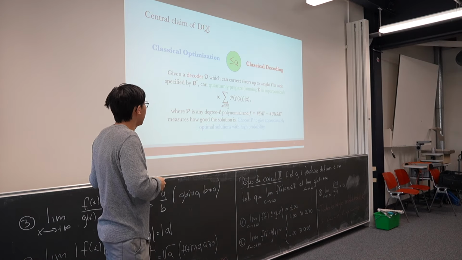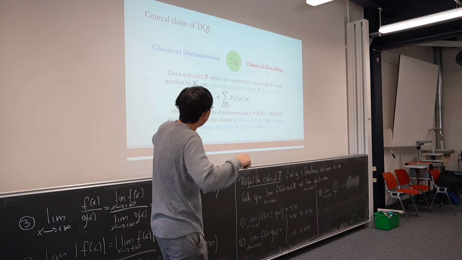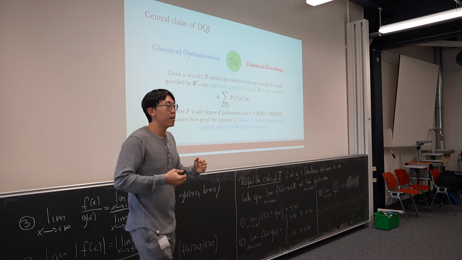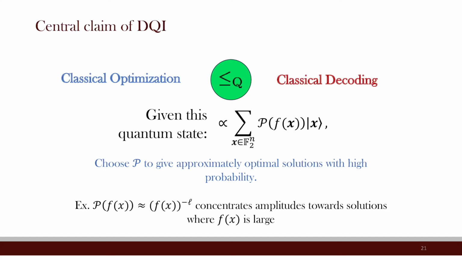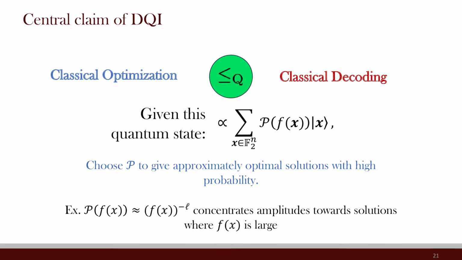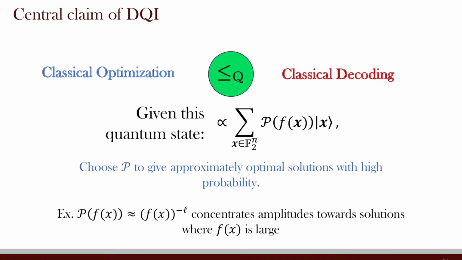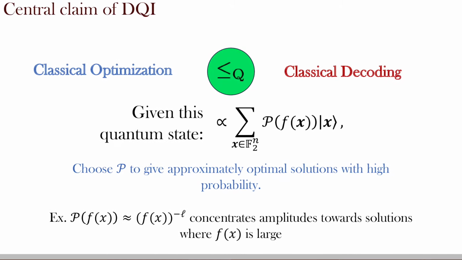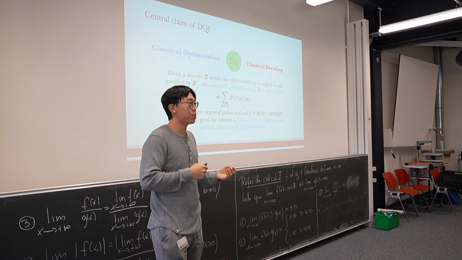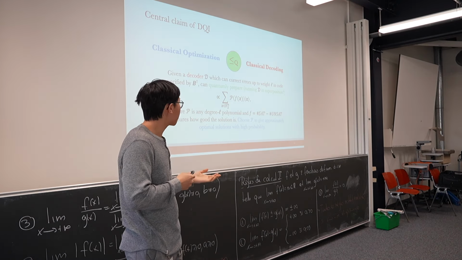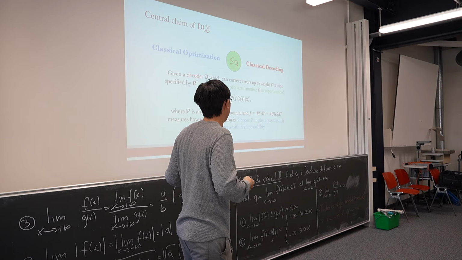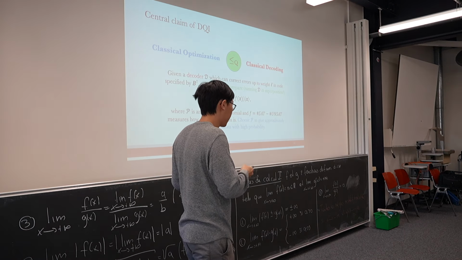So intuitively, what's going on here is if you can choose a really nice polynomial that pushes down all the bad solutions to have very low amplitude and lifts up the solutions which are very good to relatively much larger amplitude, then if you measure this state, you're very likely to end up with a solution that's very good. In particular, we will basically just choose P to give the very good solutions that we want.